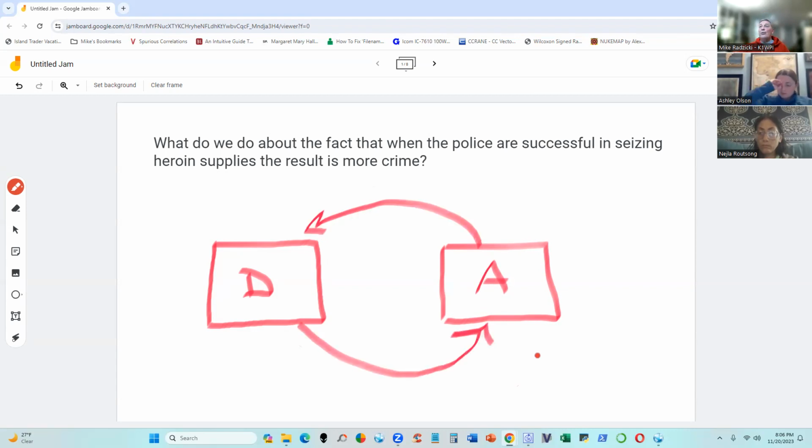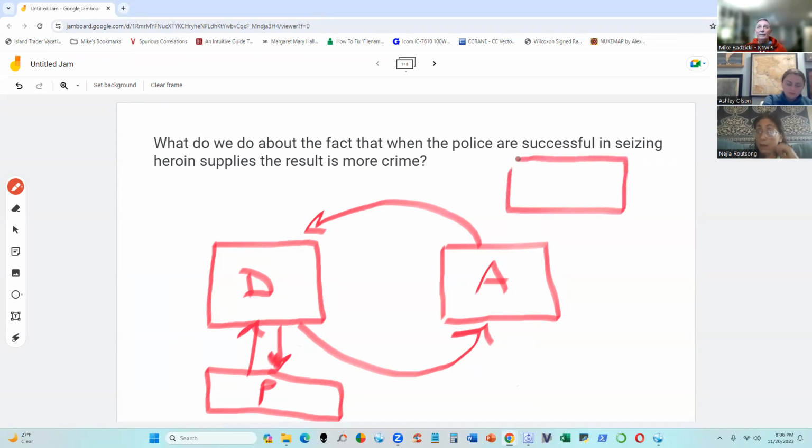Who else is involved or might be involved? The public safety sector. Okay, so the police. And they're probably going to be arresting. And also maybe the government sector. Okay, so government.